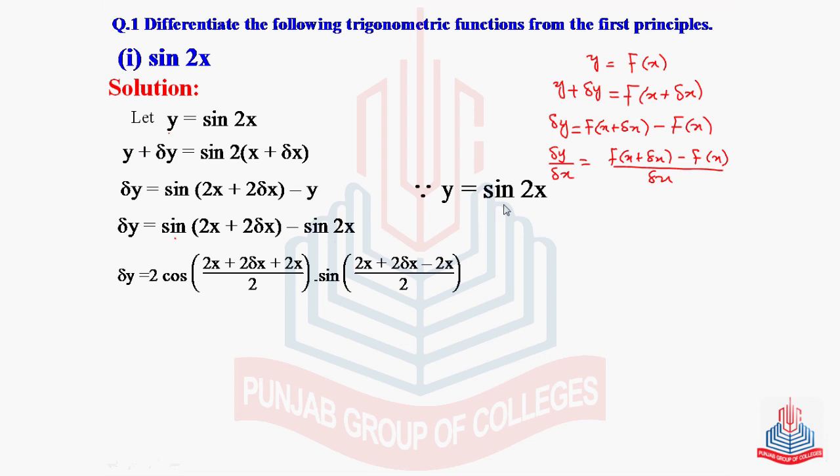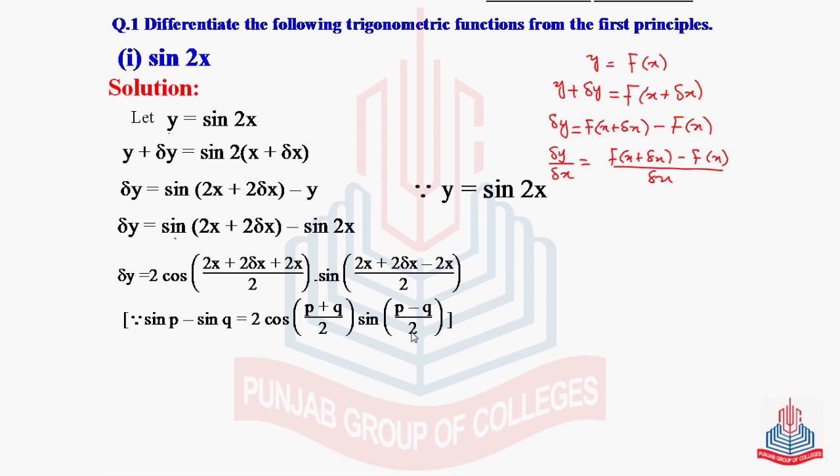So now we come on to the simplification step. This is actually of the form sine p minus sine q. This is the formula of sine p minus sine q, which we discussed in our first year course, which is equal to 2 cos of (p plus q) divided by 2 into sine of (p minus q) over 2. This is actually the sum to product formula, which we already discussed in first year.